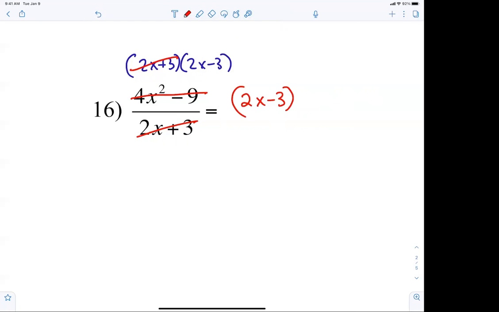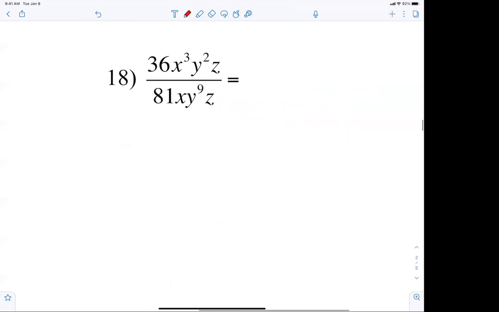All right, here we go. 36 over 81. I can reduce by a factor of 9. 9 goes into 36 4 times. 9 goes into 81 9 times. So now I have 4 over 9.